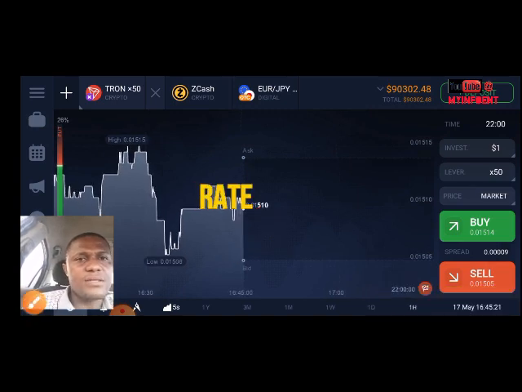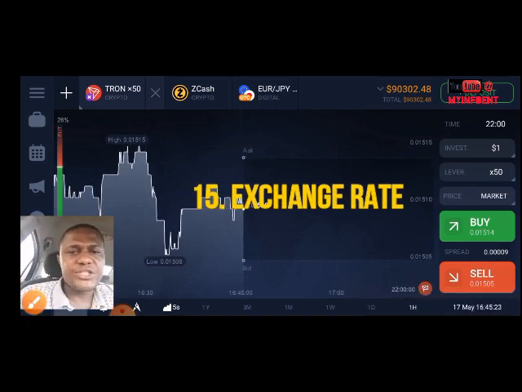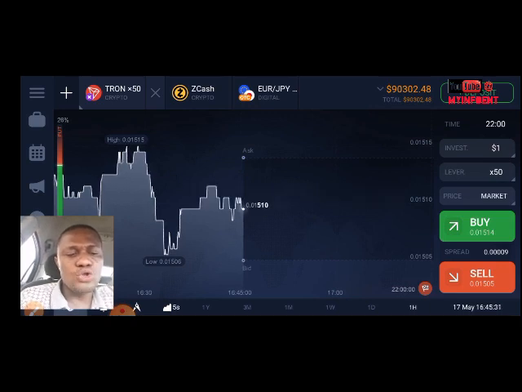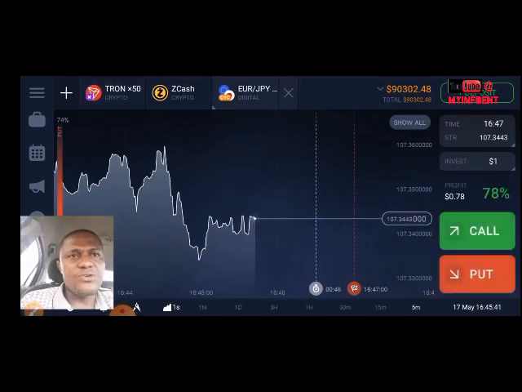So the next one is exchange rate. What is exchange rate? This is the rate at which you exchange one currency for another. The exchange rate shows you how much of the quote currency you need if you want to buy 1 unit of base currency. So let me open the Euro Japanese.